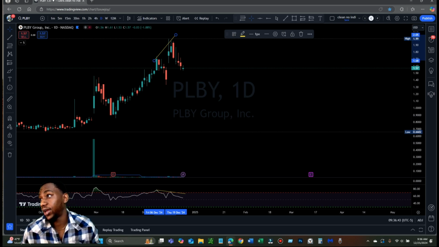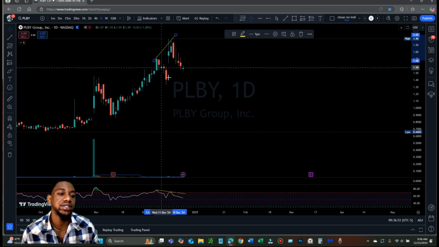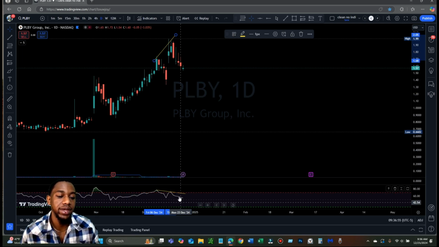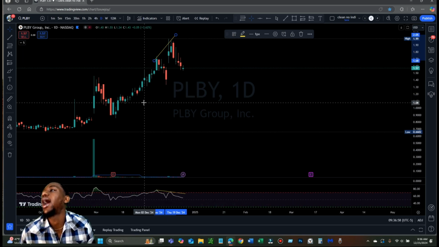For regular bearish divergence, prices make a higher high while the oscillator makes a lower high. Boom, that's what's going on.